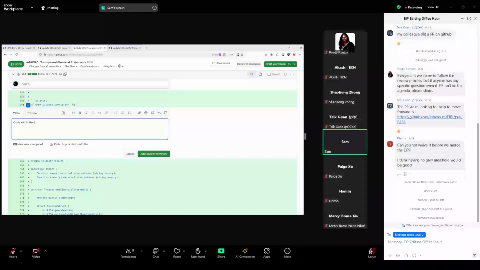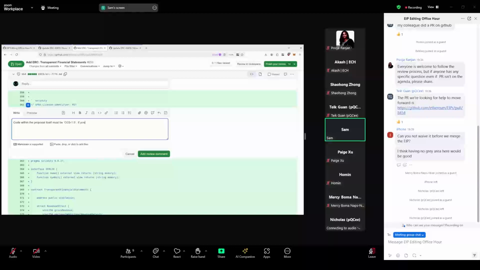Code within the proposal itself must be CC0-1.0. Like to keep this empty and move it to the assets directory and link to it here.